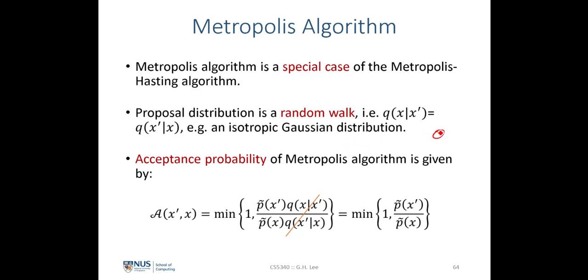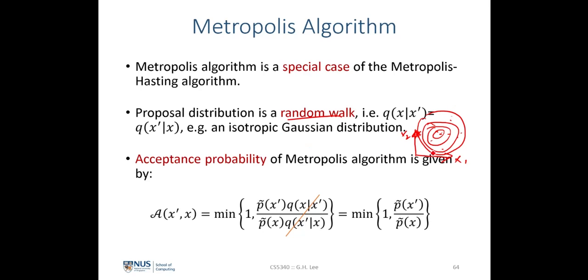If we plot a two-dimensional isotropic Gaussian distribution of x1 and x2, we see that it is actually a circle. Starting from this location here, we can end up anywhere on this distribution. We have an equal chance of getting anywhere, hence the word random walk.